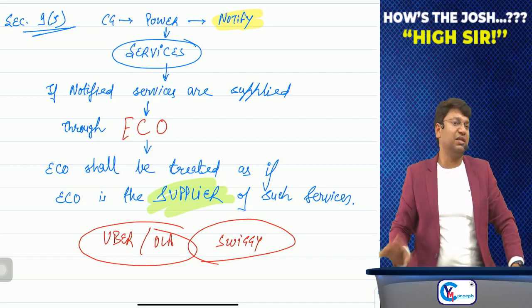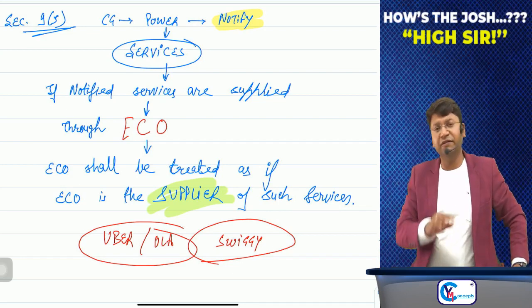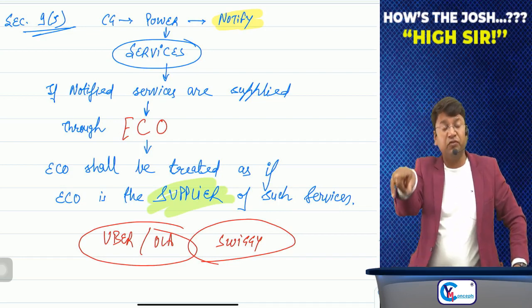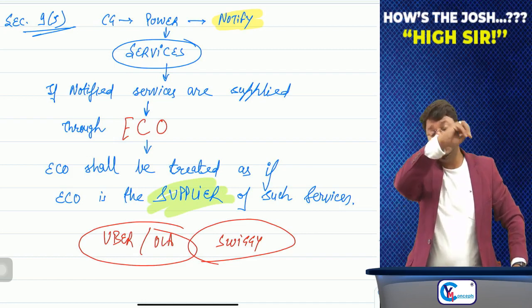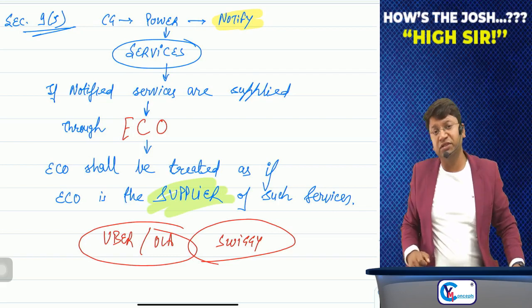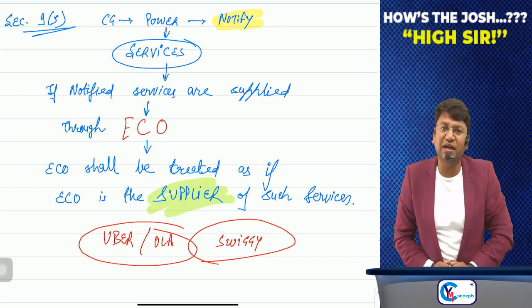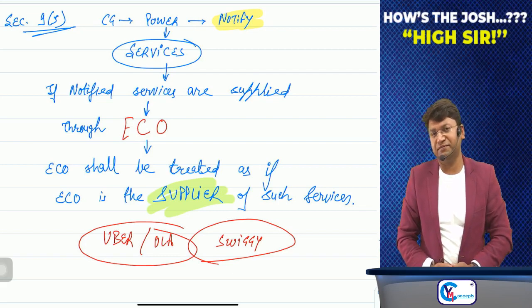They will have to pay the tax. If they have a physical presence in India, they will pay the tax. If they don't, then their representative office in India will pay the tax. And even if they don't have any representative office in India, they will have to appoint a person in India who will pay the tax on their behalf.